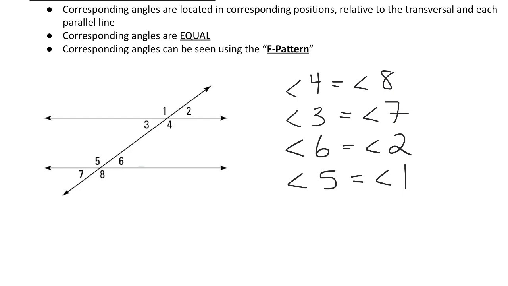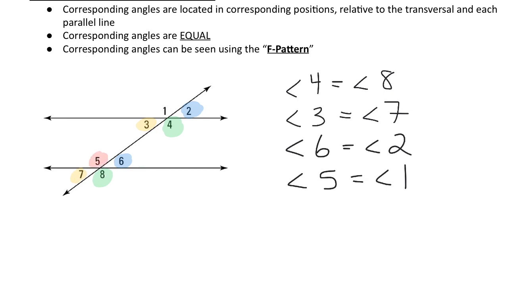And again, if you kind of want to see, we said that angle number 4 was the same as angle number 8, so they're corresponding and equal. Angle number 3 was corresponding and equal to angle number 7. We said angle 6 was corresponding and equal to angle number 2.